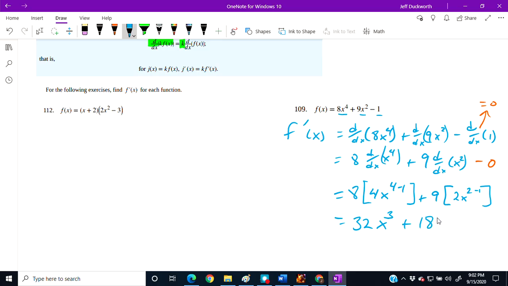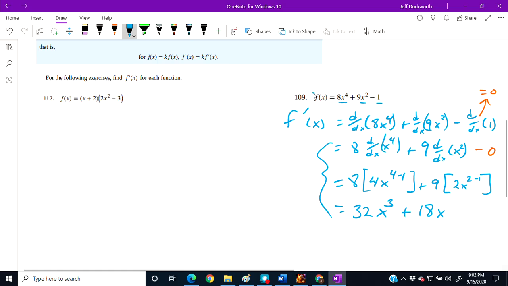And this is 18x. Now, you don't have to show all of that work if you don't want to. This number 109 can be literally done in one line. I don't need to see the work. You can multiply the 4 by 8 and get yourself 32, and 4 minus 1 is 3, and so forth. Literally, you can go from this step to this step without much of an issue.